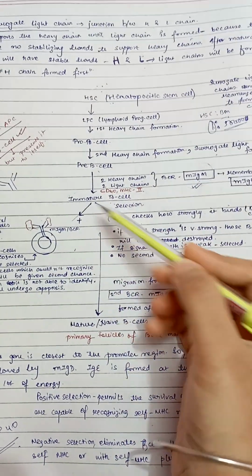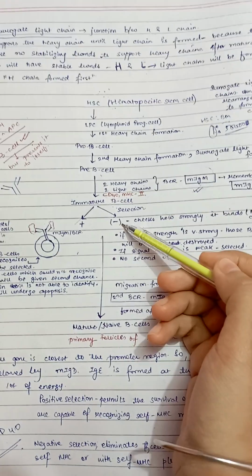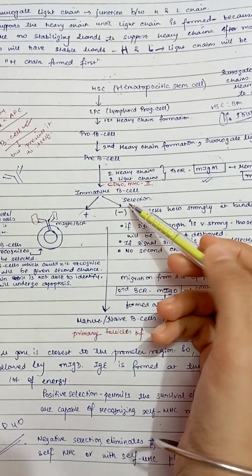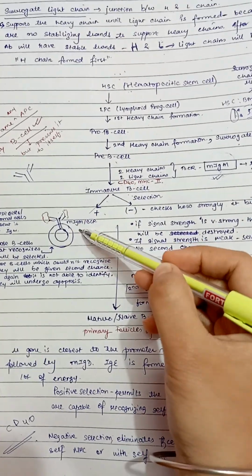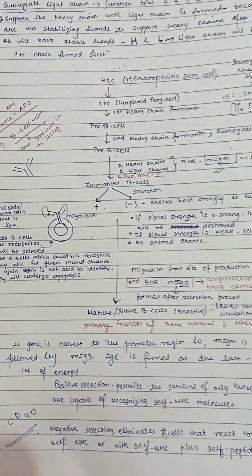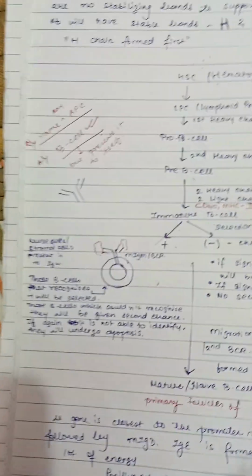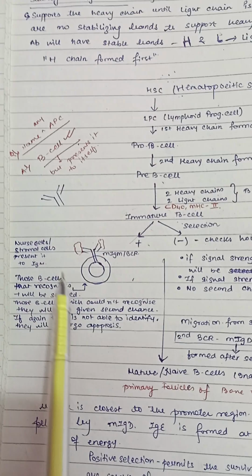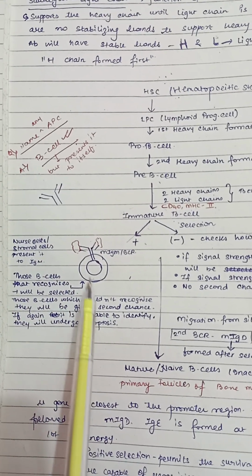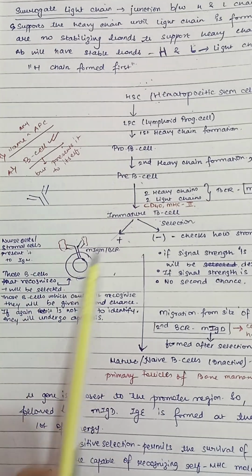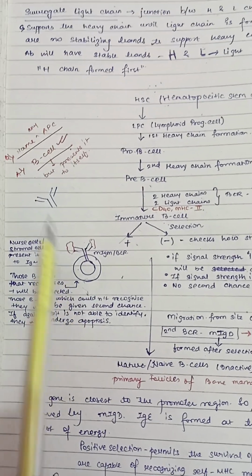At this point it will undergo something known as the selection process. There is positive selection and negative selection. In positive selection, only those B cells whose BCRs are capable of recognizing the self MHC molecules survive.